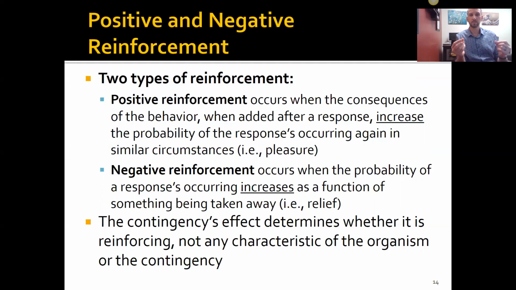So make sure you get this because it's an important part. Positive reinforcement is where you add something to a situation, and because it's reinforcement, it's going to increase the probability of the behavior. Negative reinforcement is where you take something away and it will increase the probability of the behavior.